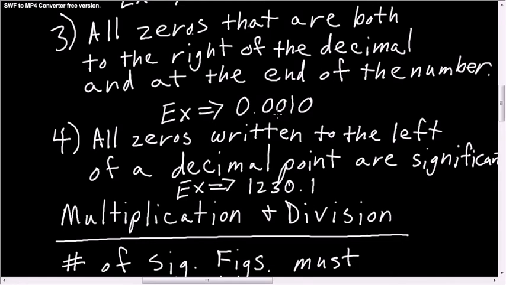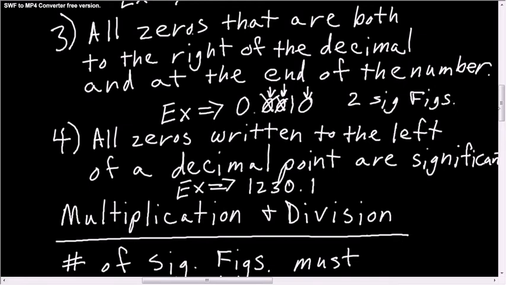That means that these zeros right here are not significant because they are not at the end of the number. However, this 0 is significant. So I have a non-zero number 1, which is significant, and a 0. So I have 2 sig figs for this number.